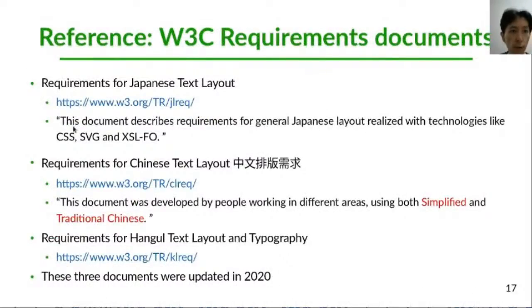For reference, there is a W3C requirements document you can check. This covers Japanese text layout and Chinese text layout, including simplified and traditional Chinese, and Hangul text layout. Last year, three documents were updated.